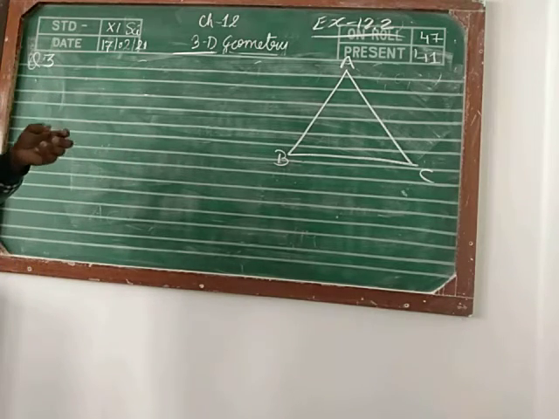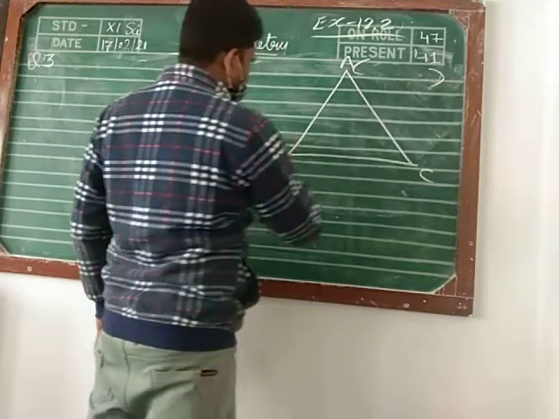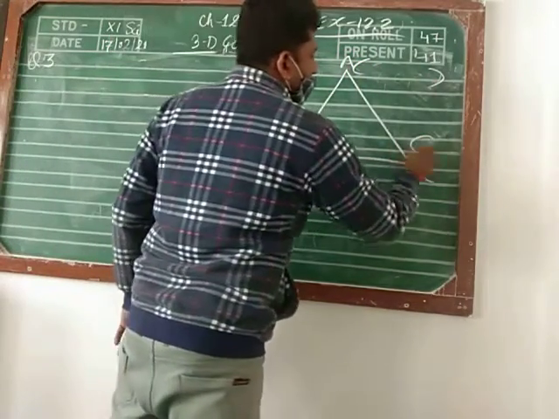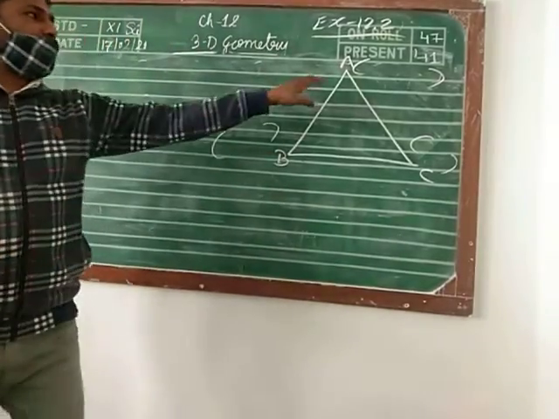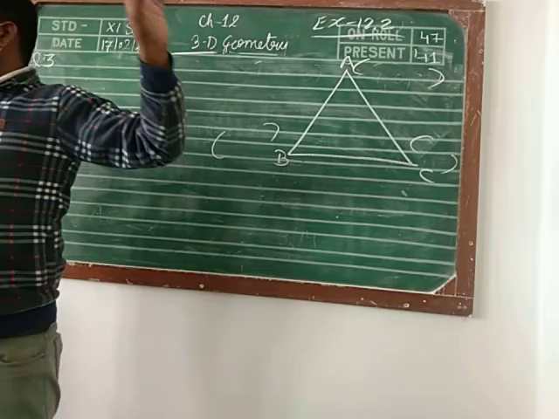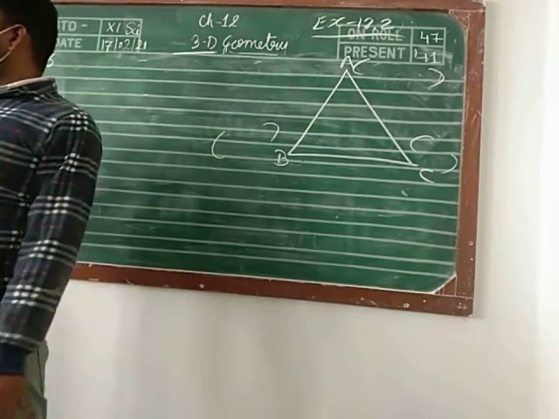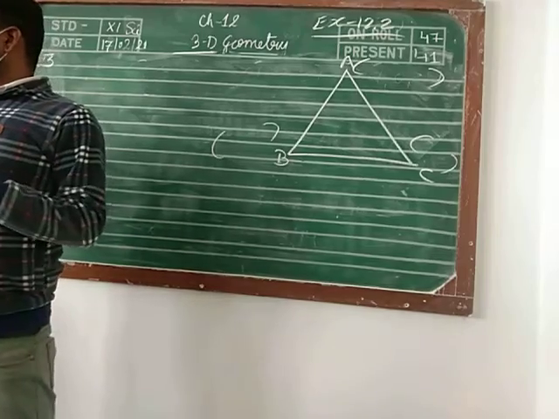If the vertices are given to you, we take the vertices as A, B, C, and then we check whether the lengths of any two sides are equal or not. We have to find the lengths of AB, BC and AC first, and then check whether two sides are equal.